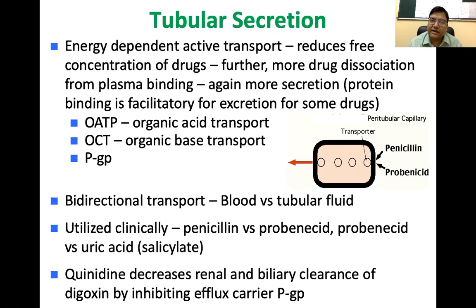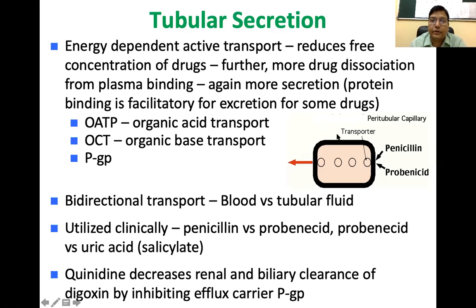And salicylates also act on these transporters, and they result in increased uric acid reabsorption, leading to hyperuricemia. Similarly, quinidine decreased the renal and biliary clearance of digoxin by inhibiting the efflux carrier P-glycoprotein.